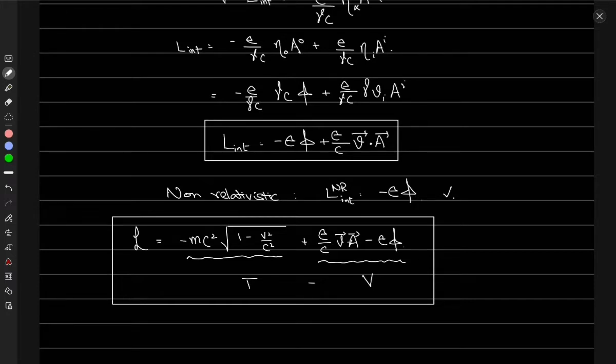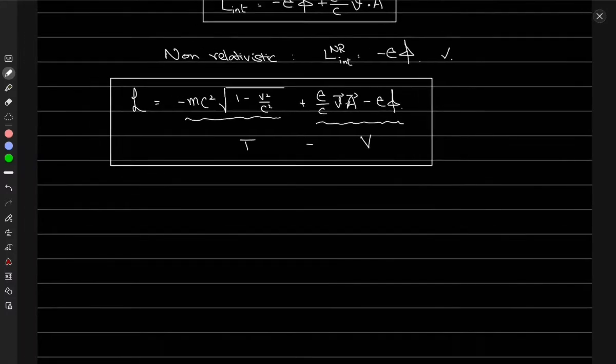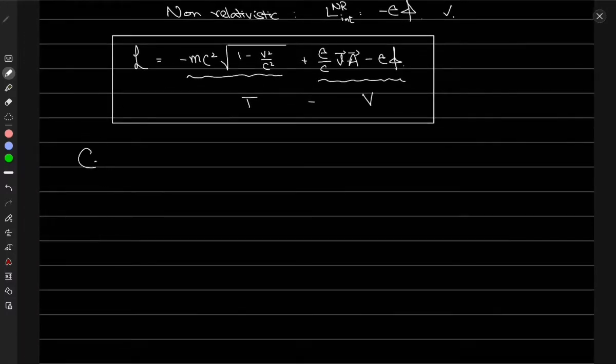Now we can rewrite this interaction Lagrangian in its covariant form. So again we know how to rewrite in covariant form. We use tensors, and so this is minus e over gamma c times eta alpha A alpha, right? Now remember, we have already discussed what is eta alpha.